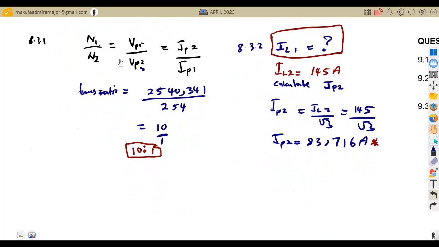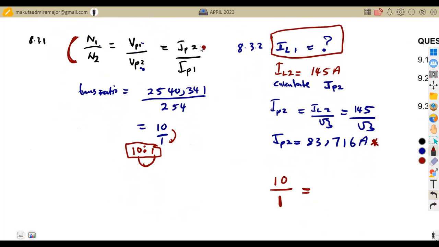From the voltage, from the turns ratio, this part that we have about our currents. Remember, from our turns ratio, we are saying 10/1, it's N1 over N2. So we are given that N1 over N2 is equal to 10/1. When we are talking about current now, take note, it's now IP on top.